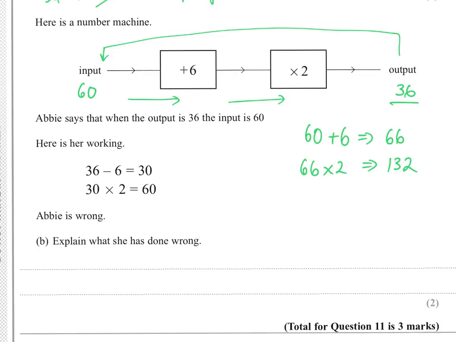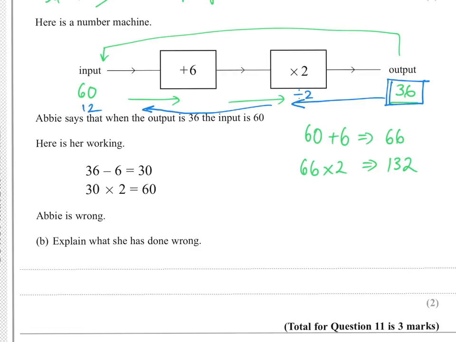So if we wanted to see what the true answer would be, then if the output was indeed 36, let's just say that is correct, then if we went back through the number machine, we'd have to divide by 2 at this point, which would give us 18, and then take away 6, which would give us 12.